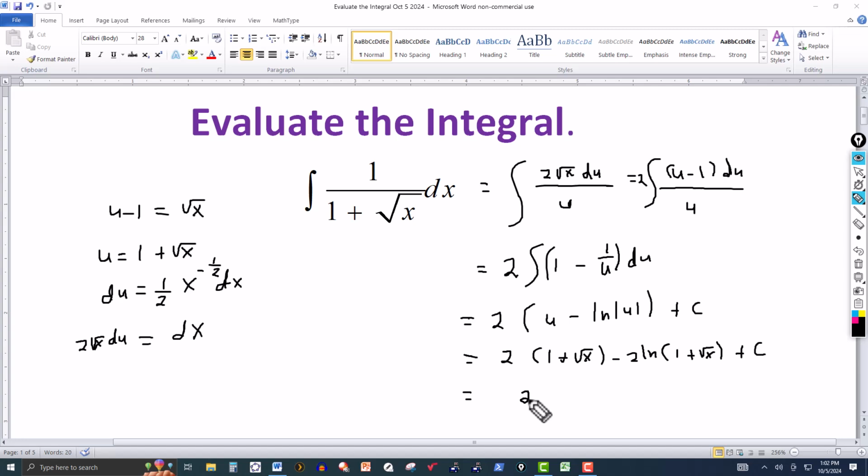Instead of the way I have it, it could be just 2 times the square root of x minus 2 ln of 1 plus the square root of x, and then plus the constant of integration. You might call this constant C1, and then the main one for the answer could be just C or C2. This would also be acceptable.